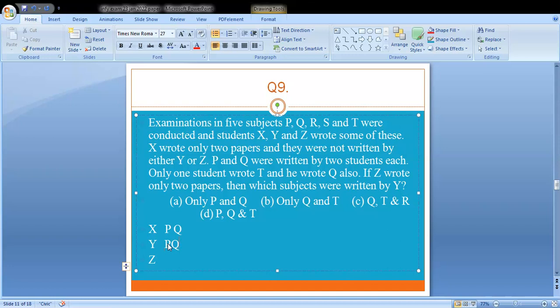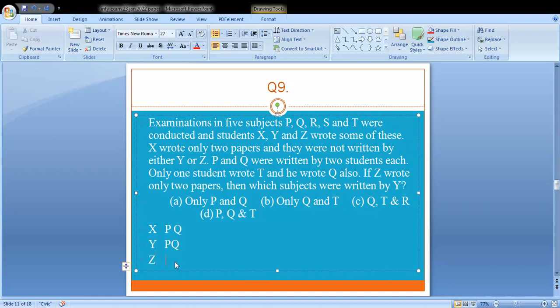X wrote only two papers, and they were not written by either Y or Z. So suppose X wrote P and Q, Y also wrote P and Q. P and Q were written by two students each, that is satisfied. Now, only one student wrote T and he also wrote Q.